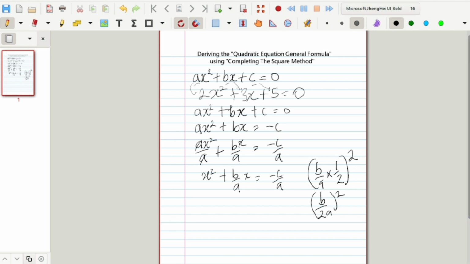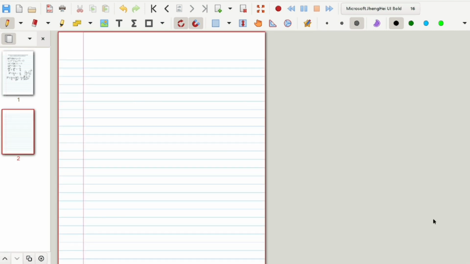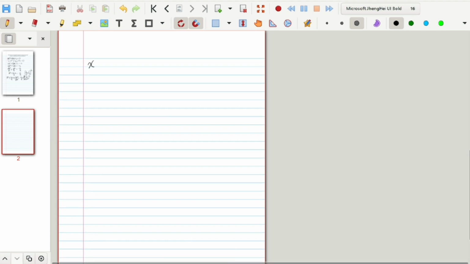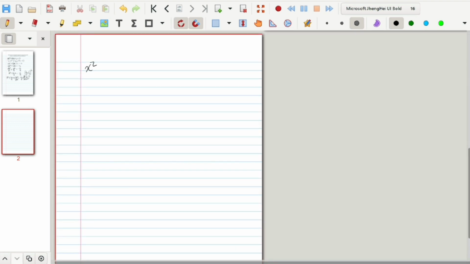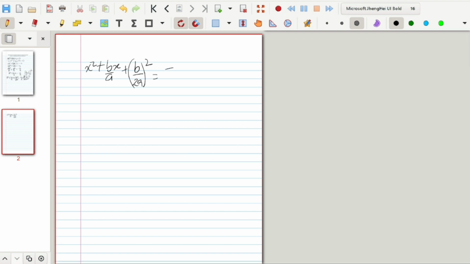We add it to both sides. At this point we will have x squared plus bx over a plus b over 2a all squared equals minus c over a plus b over 2a all squared.